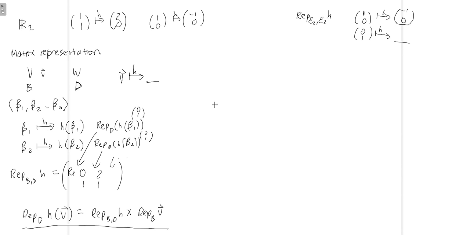So that's the question. Now (0, 1), that's where we use this second one. First we want to represent this (0, 1) in terms of the basis that we have.